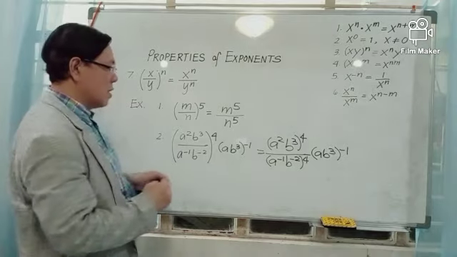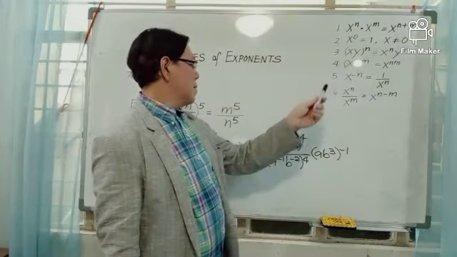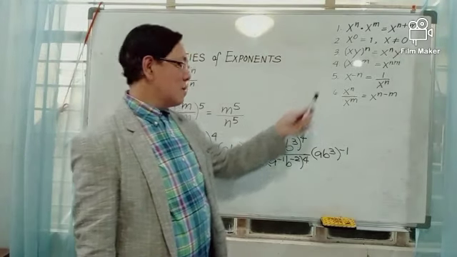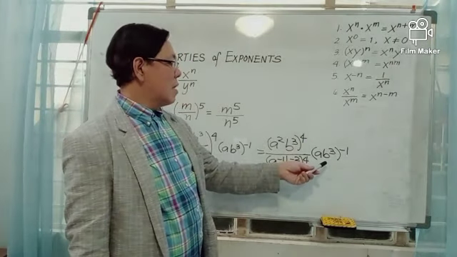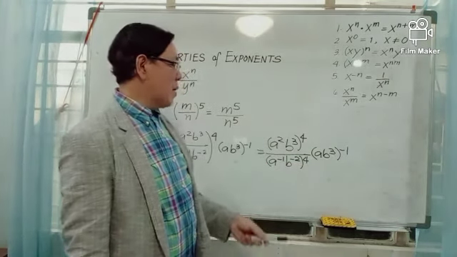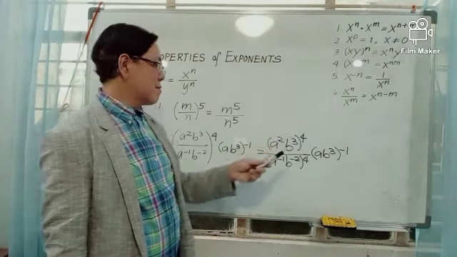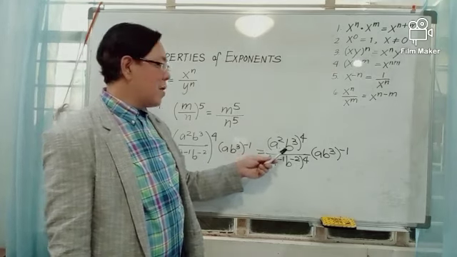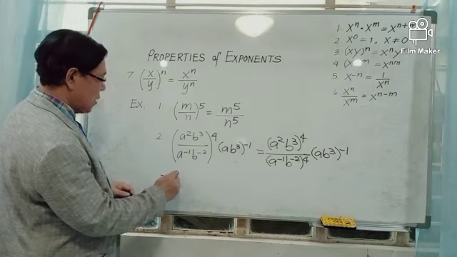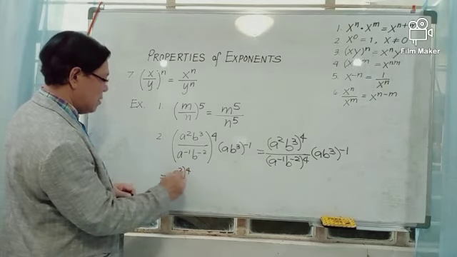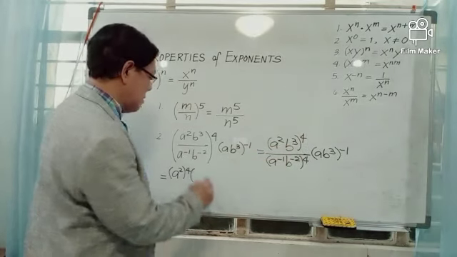We simplify this numerator by the third property, the denominator by the third property, and also this factor by the third property. For the numerator, by the third property of exponent, you raise a squared and b cubed to 4. We have a squared raised to 4 multiplied by b cubed raised to 4.